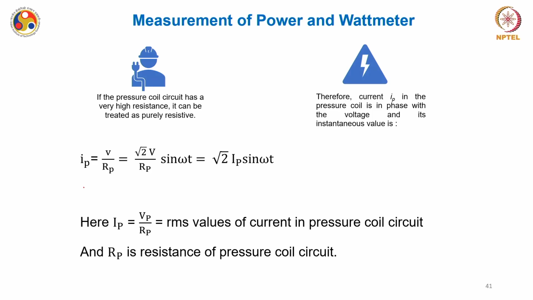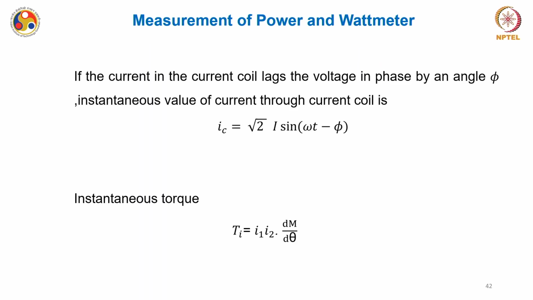So ip is equal to root 2 V by Rp into sin omega t, or root 2 Ip sin omega t. I am calling this equation 16. Here V by Rp is the RMS value of current in the pressure coil circuit and Rp is the resistance of the pressure coil circuit.